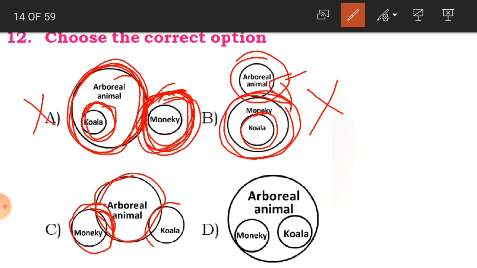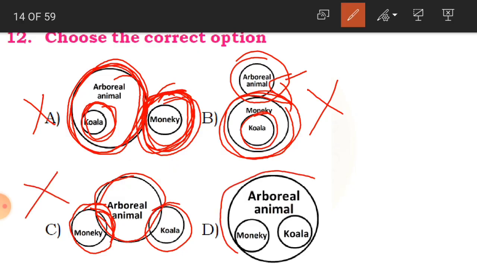Even koala also, some part inside the arboreal and some part outside the arboreal. So it means that these both animals belong somewhat to the arboreal group and somewhat to another group. Is it true, children? No, this is also a wrong answer.